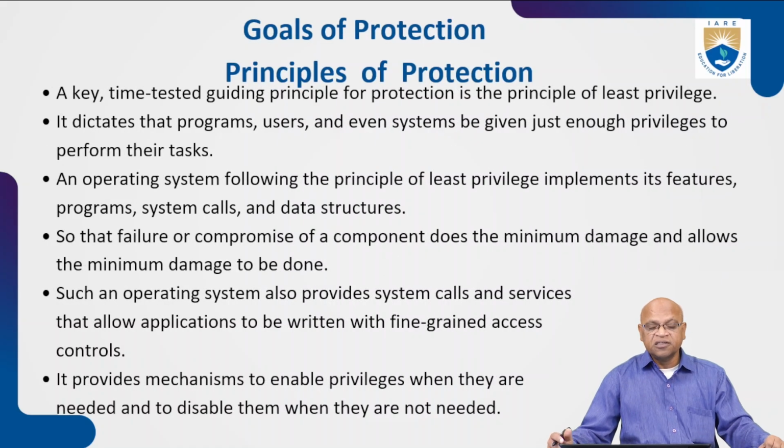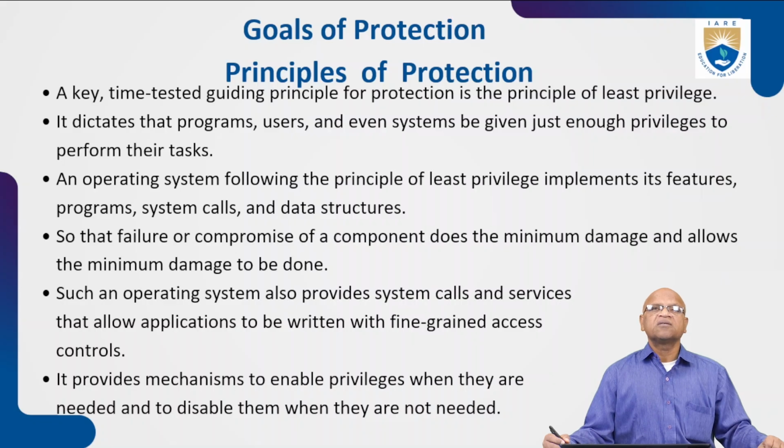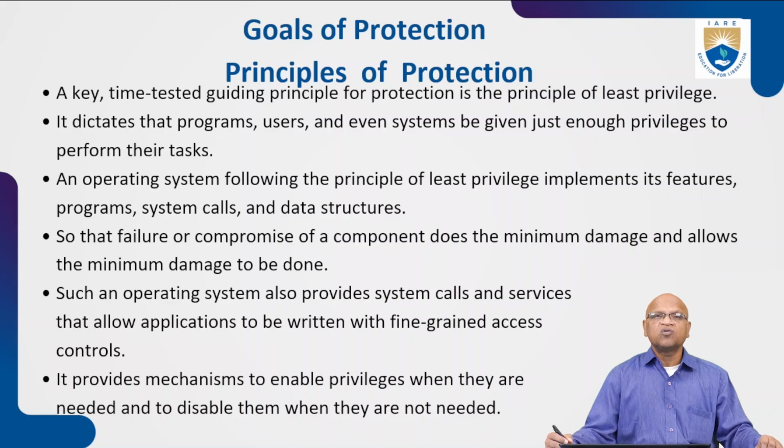A key, time-tested guiding principle of protection is the principle of least privilege. It dictates that programs, users, and even systems be given just enough privileges to perform their tasks. So an operating system following the principle of least privilege implements its features, programs, system calls, and data structures so that failure or compromise of a component does the minimum damage and allows only minimum damage to be done.